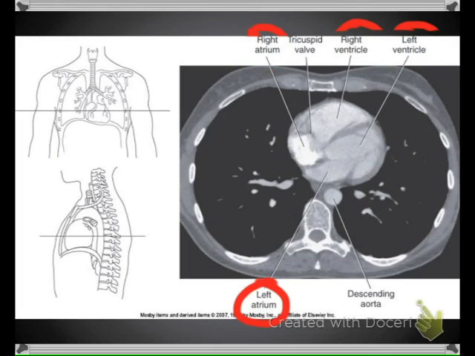Also, we do have the tricuspid valve. And remember, the tricuspid is on the right side of the heart, and the left side of the heart has the bicuspid, which means 2 leaflets. And so the reason we can really assume that we can't get clear definition of the leaflets or anything like that from this just straight out axial image.